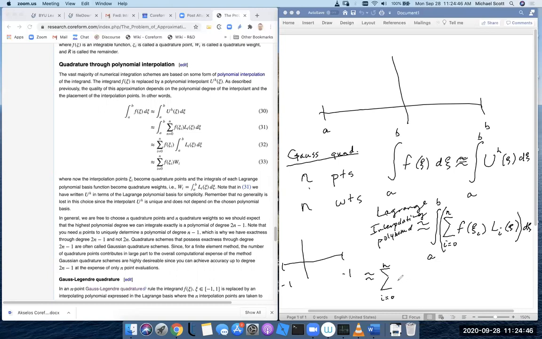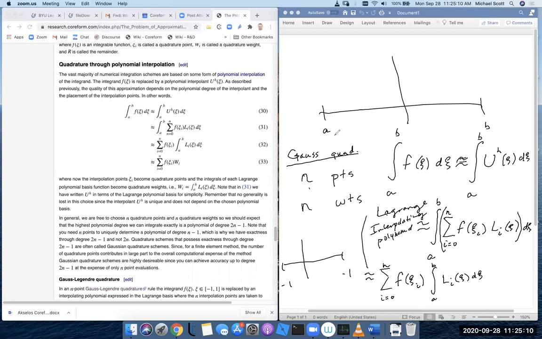And this is f. Okay, and then the last step here. Running out of room.